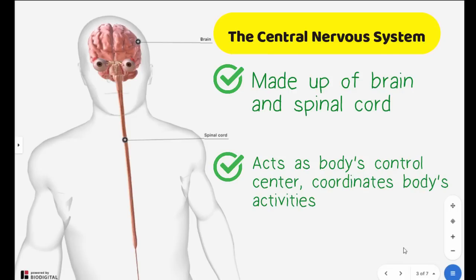On the other hand, if we remove the brain and the spinal cord, all of the other nerves that connect from these two parts towards the other parts of the body, we call that the peripheral nervous system.